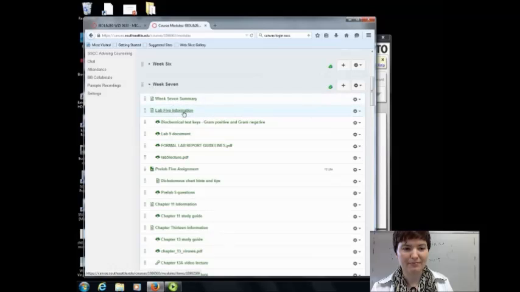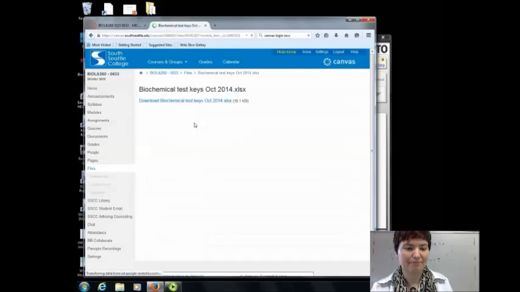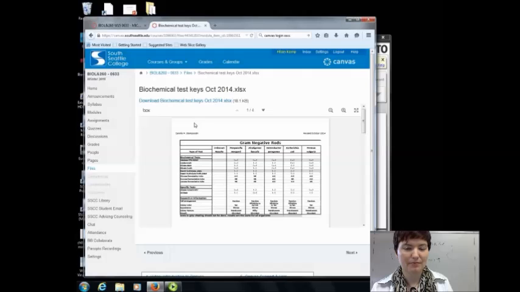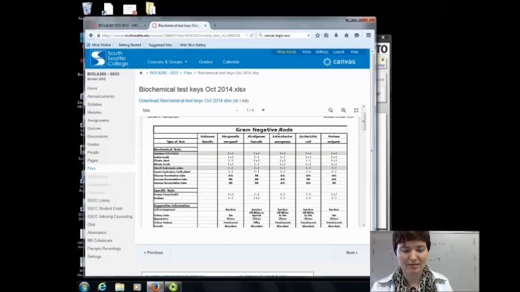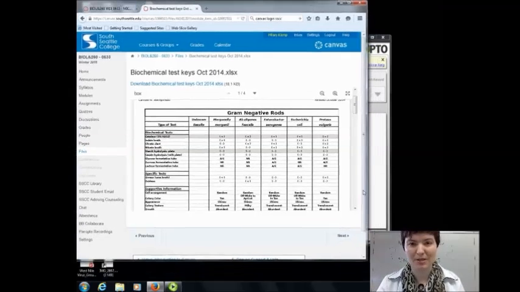Okay, so in week 7, under Lab 5 information, you can see that there's something called the biochemical test keys, gram-positive and gram-negative. So let's look at that. Okay, so what you can see is that there's an Excel spreadsheet, and at the top of this page it says gram-negative rods. So there's an Excel spreadsheet with information about gram-negative rods.